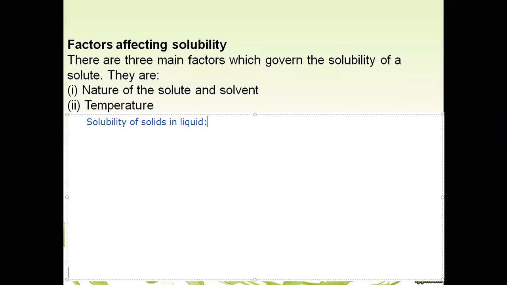Generally the solubility of a solid solute in a liquid solvent increases with increase in temperature. For example, we have taken a larger amount of sugar. This sugar is dissolved more in warm water than in cold water.